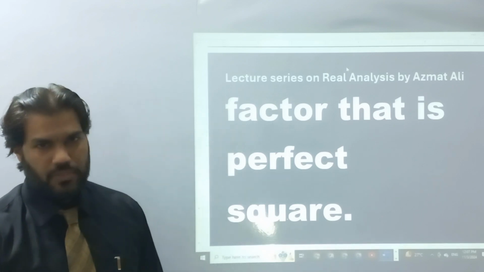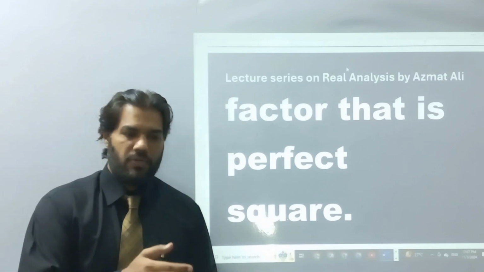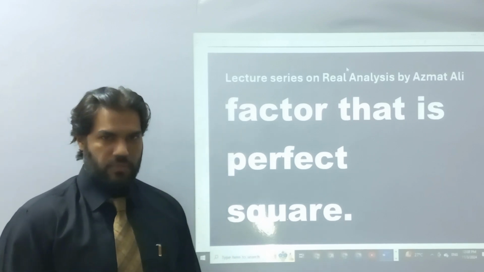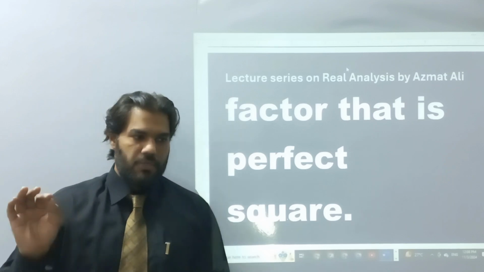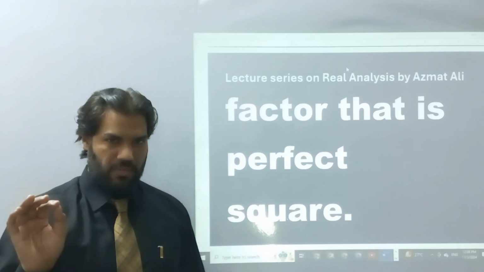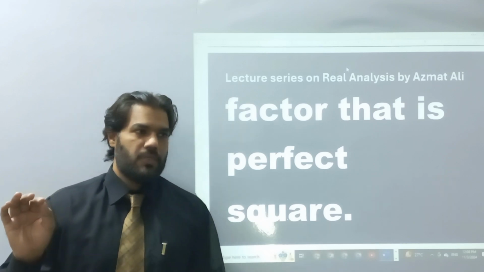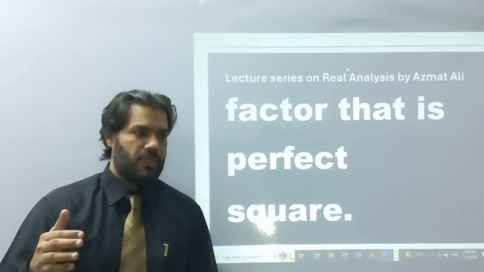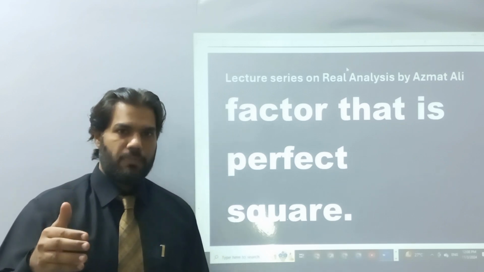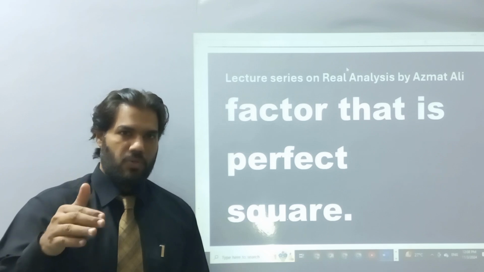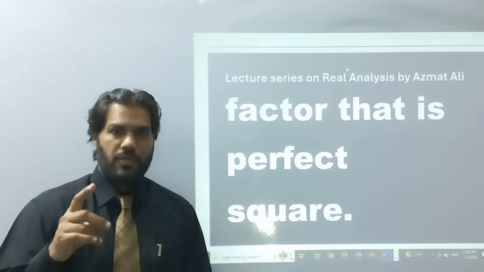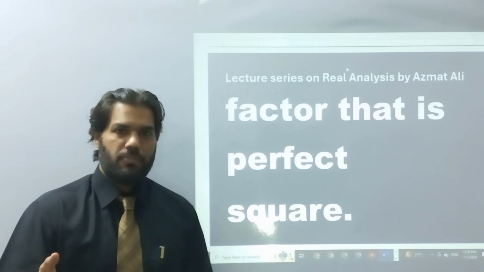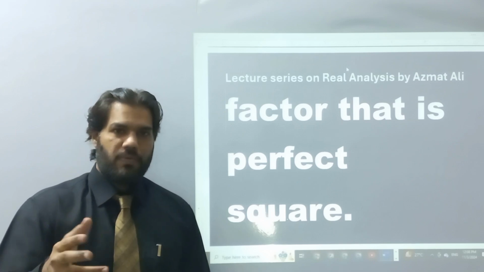Your positive integers are 1, 2, 3, 4 and so on. Any positive integer is one of four types. It may be a prime number, it may be a product of distinct primes, it may be a power of a single prime where the power is odd, and further, it may be a composite number that contains a perfect square.